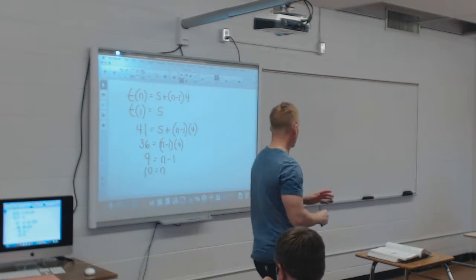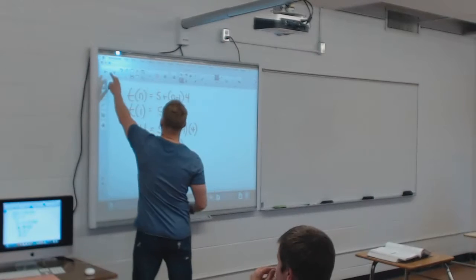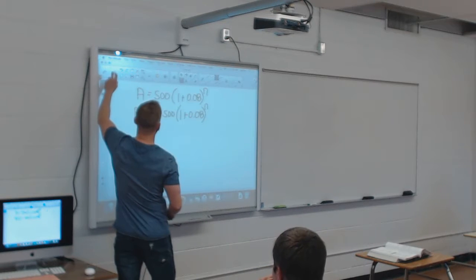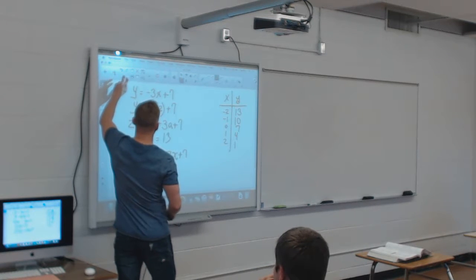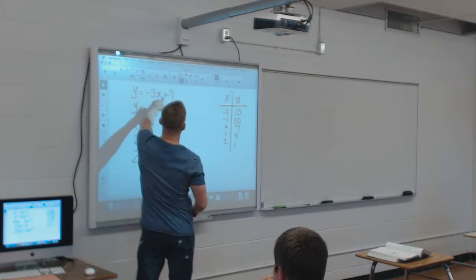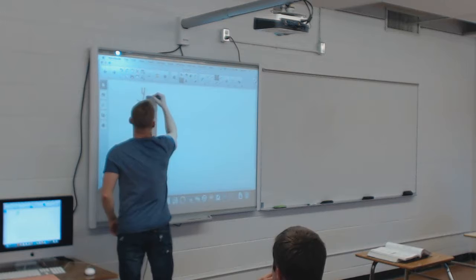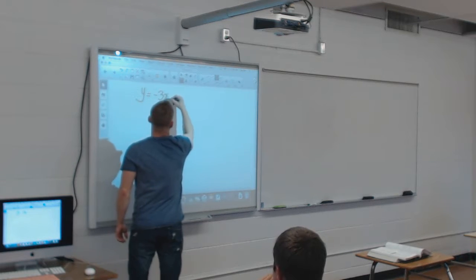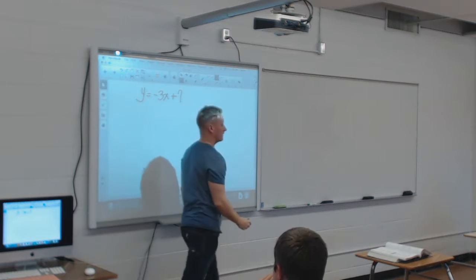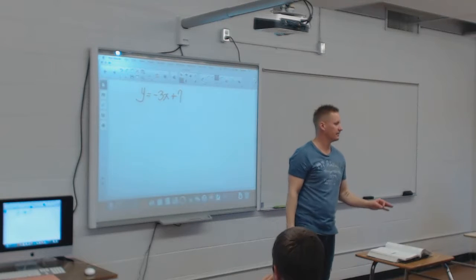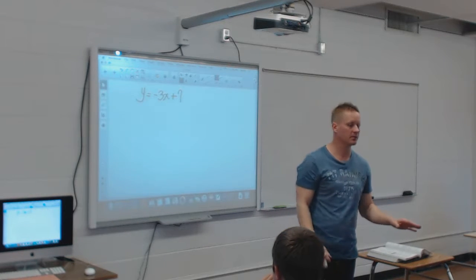All right? So I'm going to show you one more thing here. I'm going to go back to this equation right here. Not that far back, right there. So I had y equals negative 3x plus 7. And just for the heck of it, without a value in there, I'm just going to show you how this works.